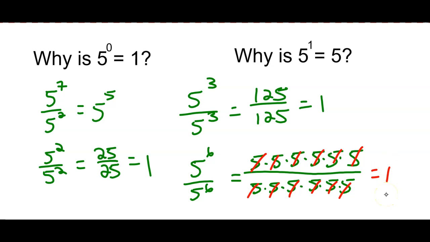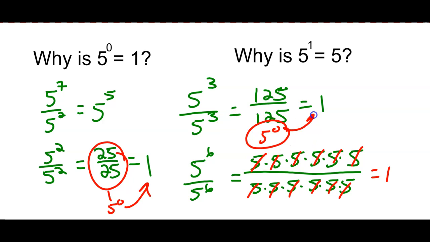So in all of these, notice what's happening. 2 minus 2 is the same thing as 5 to the 0, which equals 1. 5 to the 3rd over 5 to the 3rd, when you subtract those, you get 5 to the 0, which equals 1. 6 minus 6 gives you 5 to the 0, which equals 1. I don't like to use the term canceling because I feel like that's overused and the whole concept is lost sometimes when you use the word canceling.